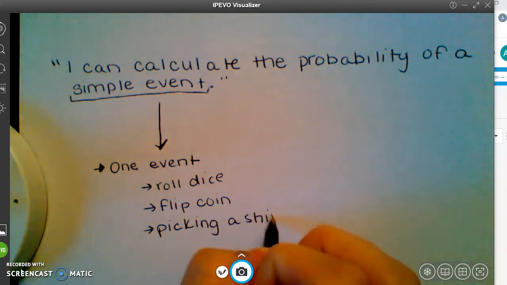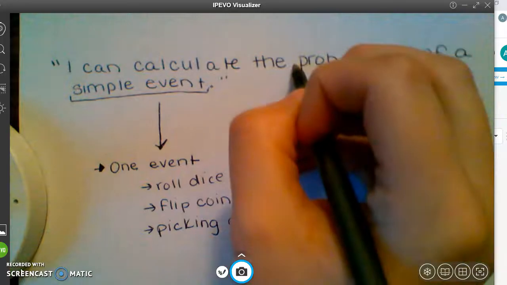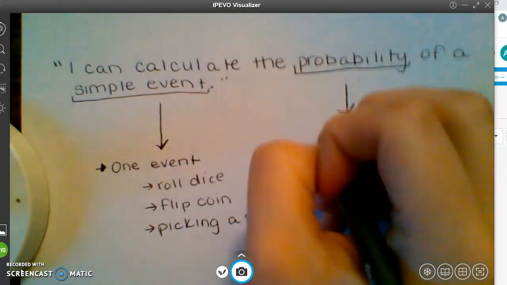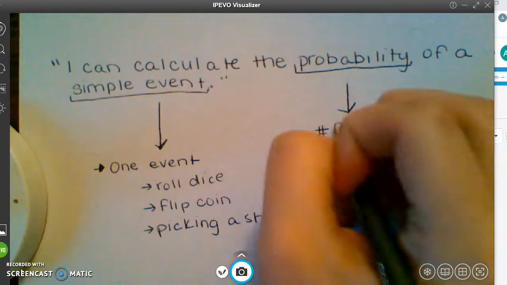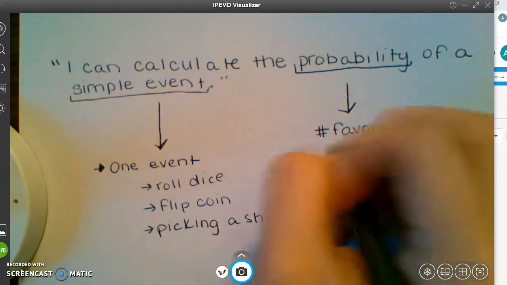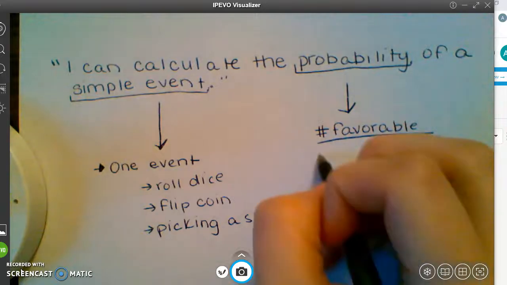And the way that we find probability is number of favorable over total outcomes.